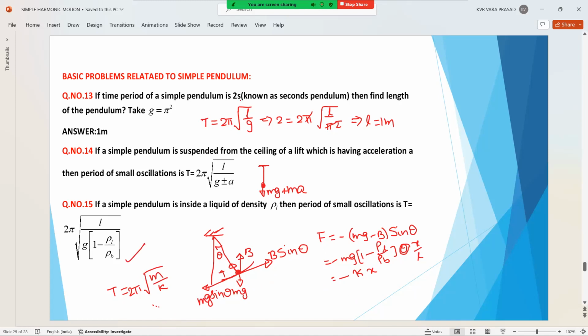That means in place of g, we are substituting g into (1 minus rho L by rho B). Okay, let us move to the next one.